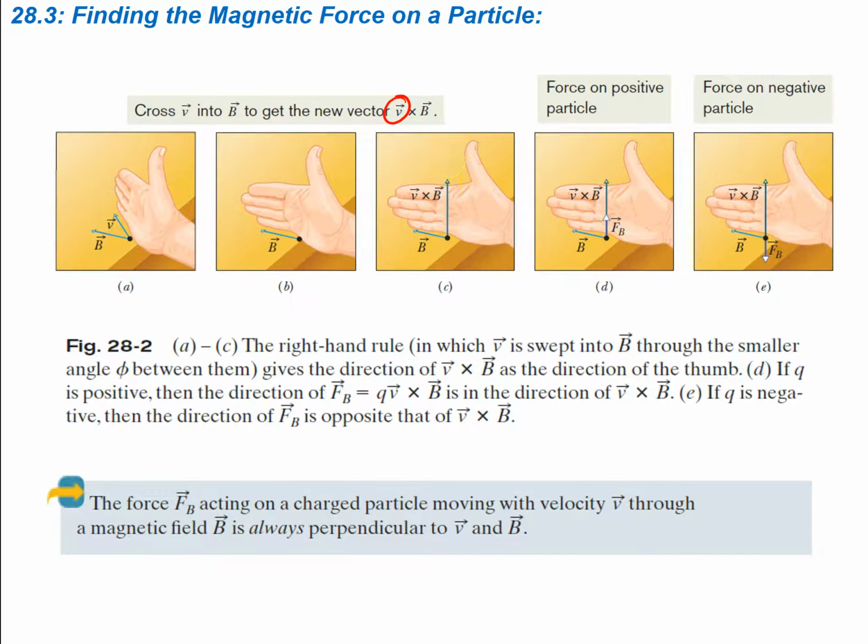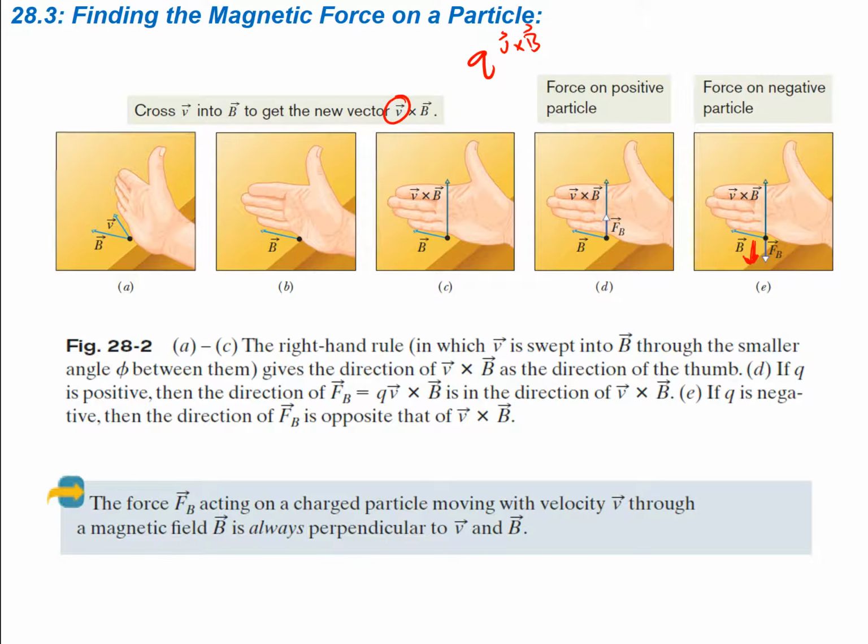In this case, if you have a positive particle, because remember it's q v cross B, the force is going to be in the direction of your thumb. If you have a negative particle, the force is actually going to be opposite the direction of your thumb, because that negative charge puts a negative in the equation. So the force is actually going to be down in this case.